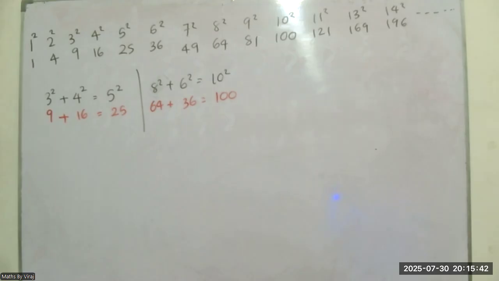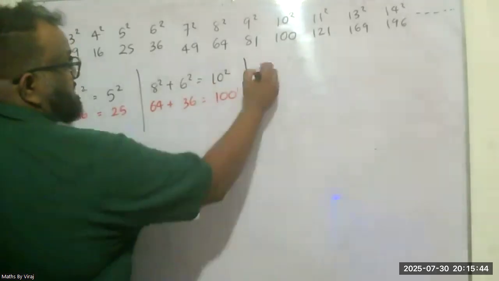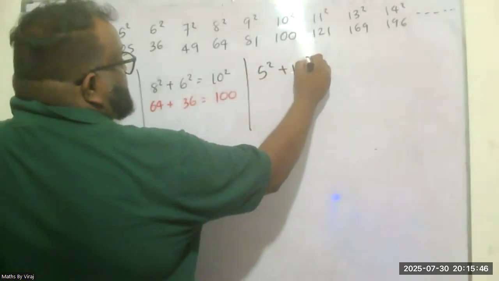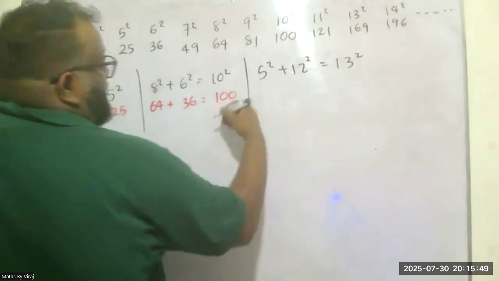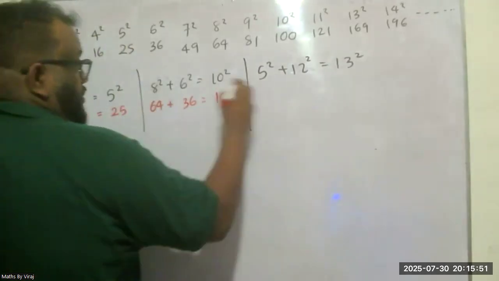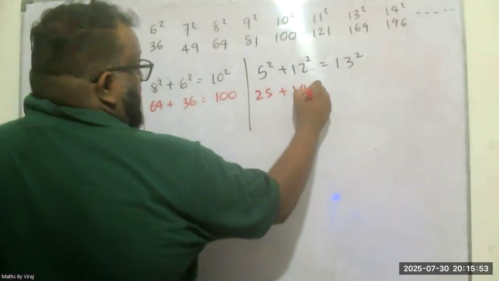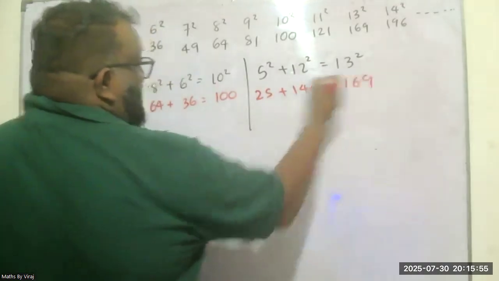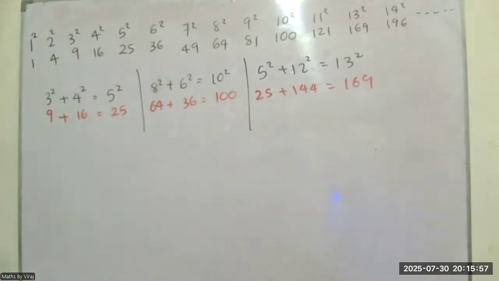Yes, we have 5 squared plus 12 squared is 13 squared. That is 25 plus 144 is 169 in that manner. Am I clear? Did you understand this? Yes, sir. Yes, you have understood this.